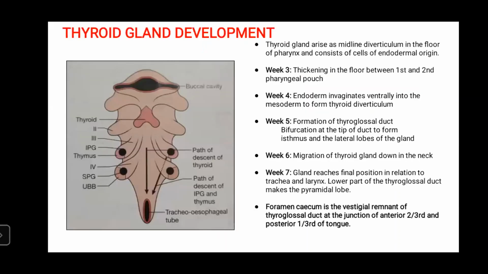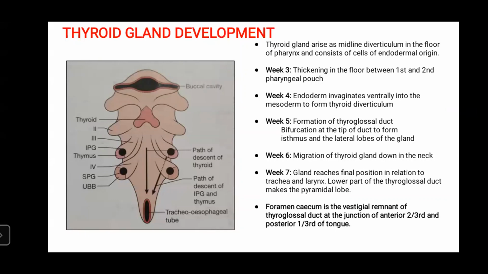Thyroid gland development. It arises as a midline diverticulum in the floor of the pharynx. Cells are of endodermal origin. In week 3, there is a thickening in the floor of the pharynx between the first and second pharyngeal pouch, which invaginates ventrally into the mesoderm to form the thyroid diverticulum.